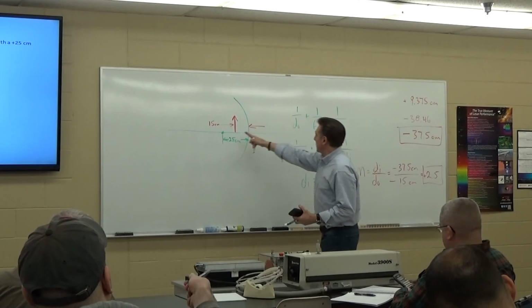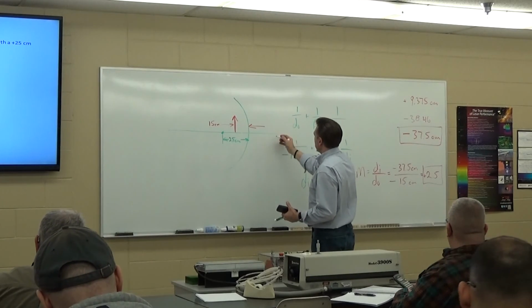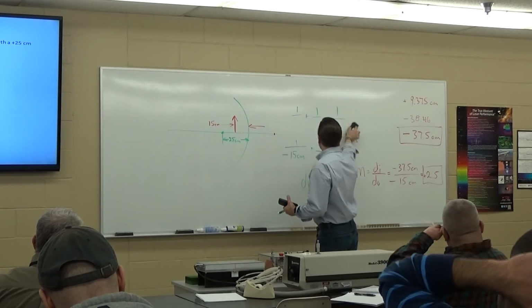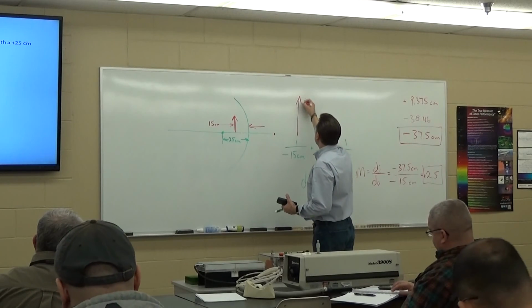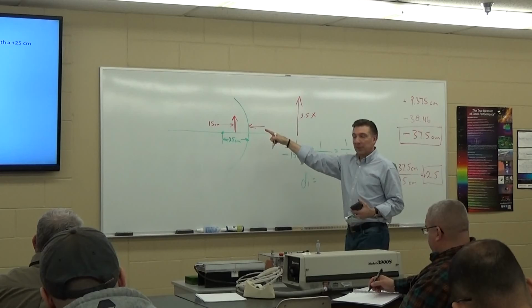So we've got this image now that's formed behind the mirror, 37.5 centimeters. If this is 25, 37.5 is going to be over here somewhere, and it's going to be 2.5 times what the original size was.